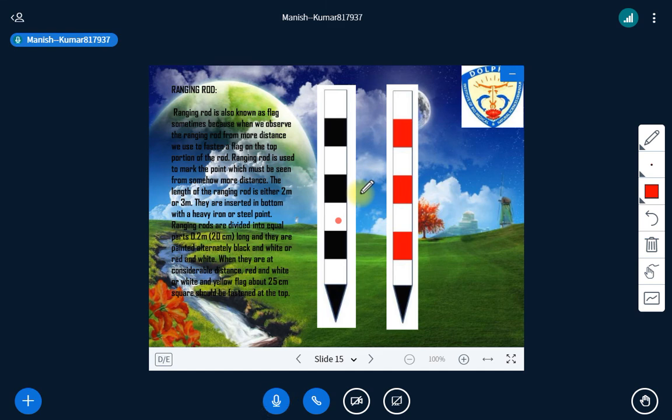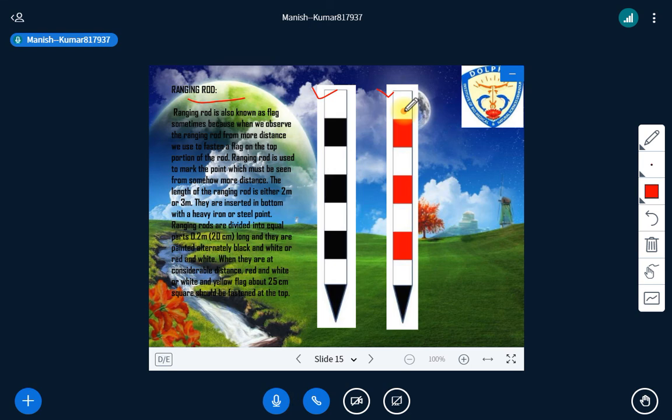Now another important instrument is the ranging rod. Just look at the image. You will get the ranging rod in black and white color, or in red and white. Sometimes it is also called a flag, because people sometimes use a flag on top of the ranging rod.